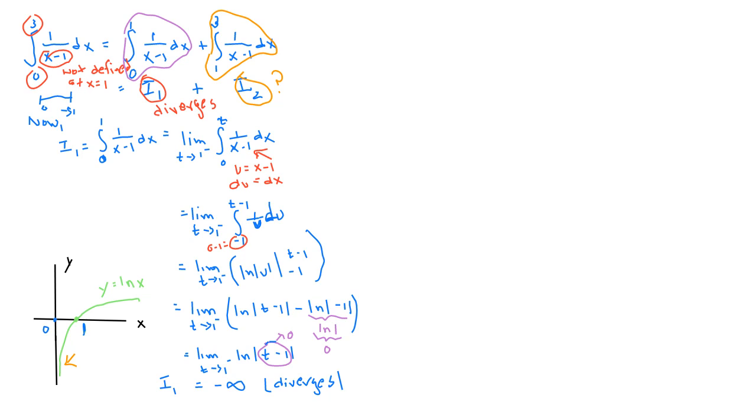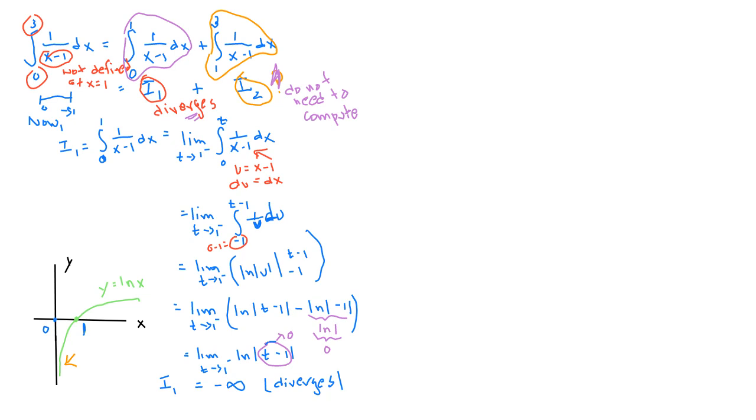Even if the second integral were a finite number, if you add a finite number plus negative infinity, you're still going to get negative infinity. So you don't even need to do the second integral. You do not need to compute it, by virtue of the fact that the first little integral, I sub 1, diverged.